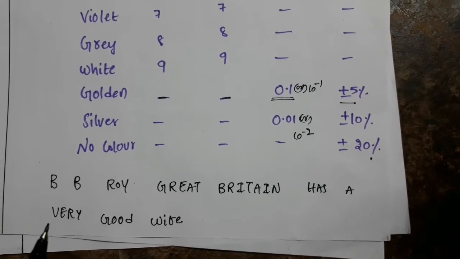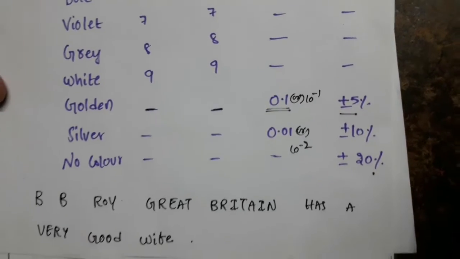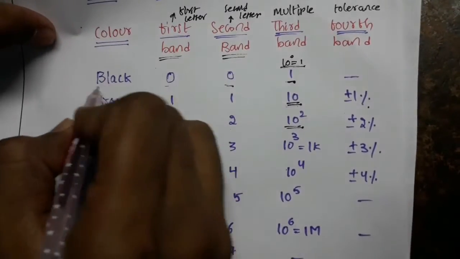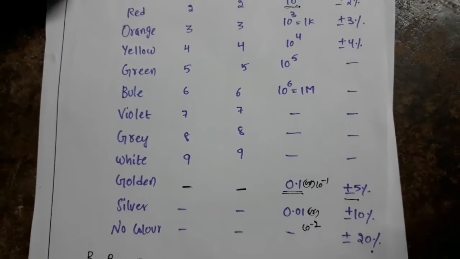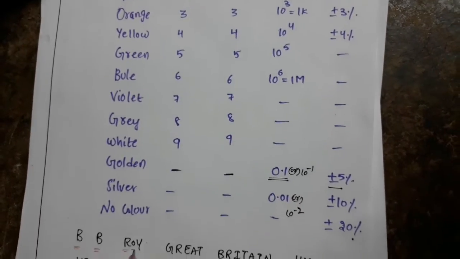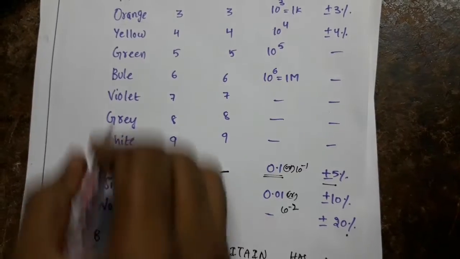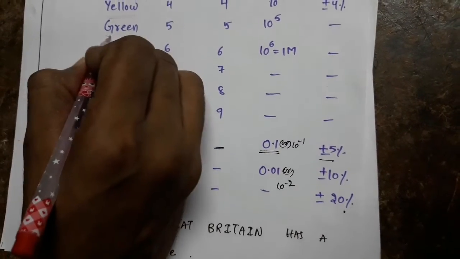From this, the first B indicates black, the next B indicates brown, R indicates red, O indicates orange, Y indicates yellow, and G indicates green.